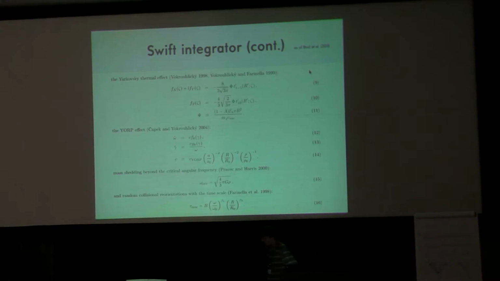Then you have to account for the thermal acceleration, the Yarkovsky effect, which is briefly speaking described by the relations above. These are expressions in the body-centric frame, then you could transform it to the heliocentric frame to apply the acceleration.